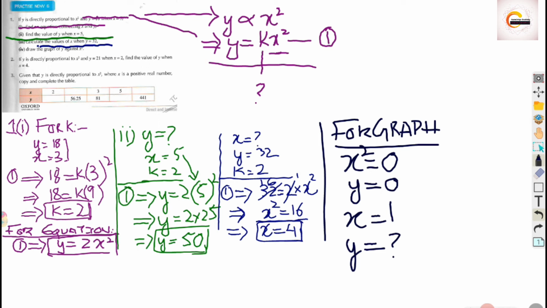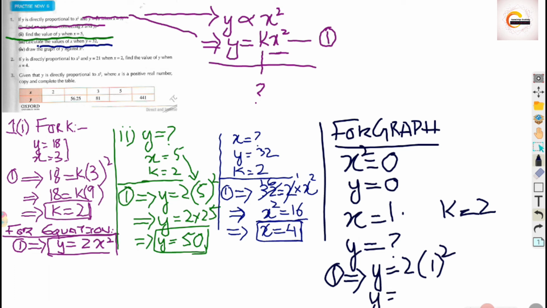I'm just going to put the value of x and our constant, that is 2, in equation number 1 to get the value of y, the second point on our graph. y is equal to 2 multiplied by 1 whole square, which is going to be 2.